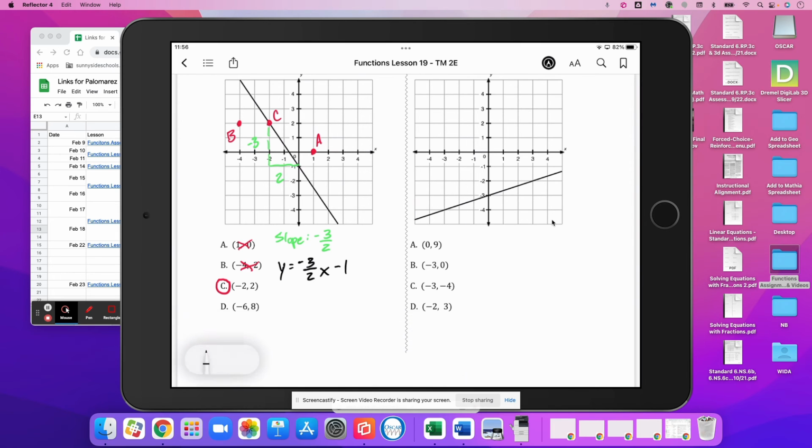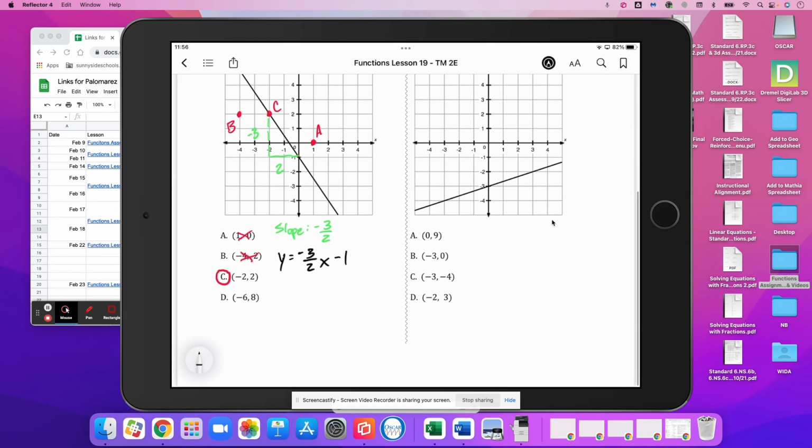And now let's take our values and put them in there and see what we get. So for D, our y value is 8. Negative 3 over 2 times negative 6 minus 1. And so we're going to get 8 equals positive 18 over 2 minus 1. 8 equals 9 minus 1. 8 equals 8. So yes, D does satisfy the function.